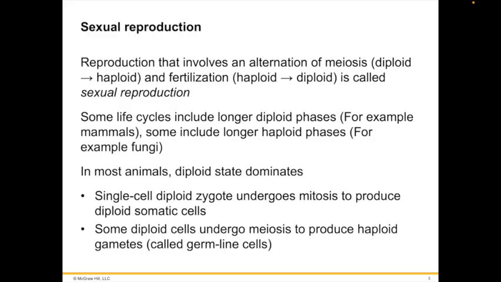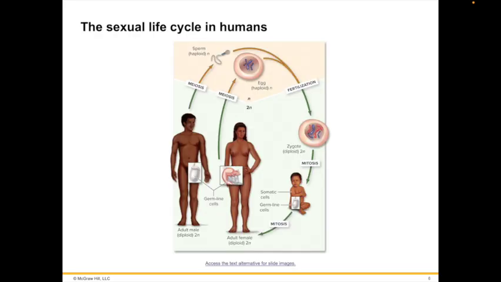In most animals, the diploid state dominates. The zygote first undergoes mitosis to produce diploid cells. Then later in the life cycle, some of these diploid cells undergo meiosis to produce haploid gametes, which you all see here in figure 11.2.